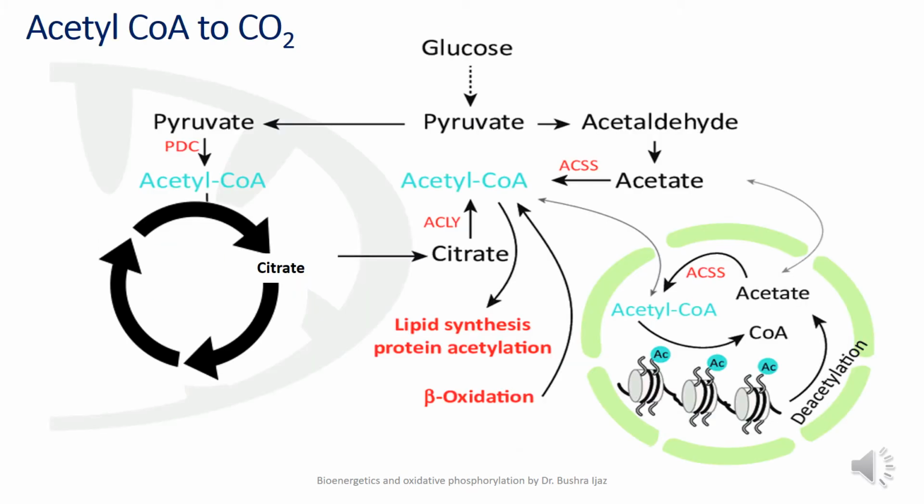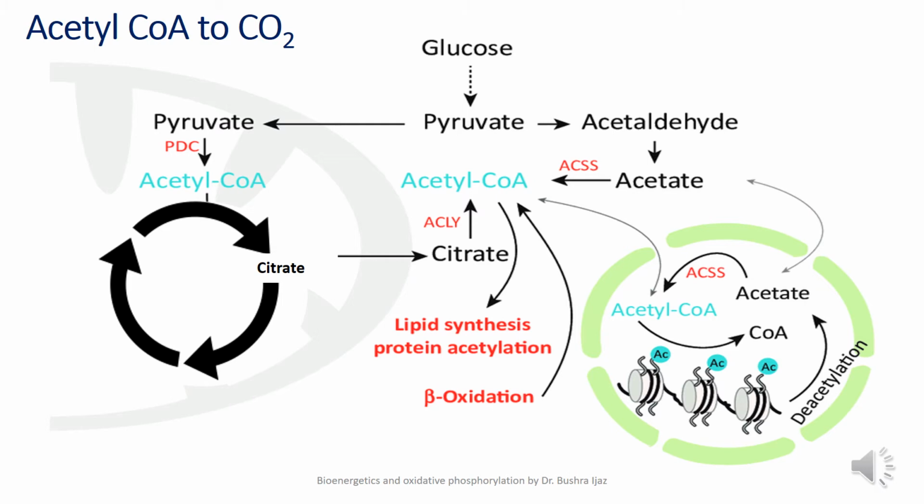In this diagram, you can see that acetyl coenzyme A, when it is formed, is doing a lot inside the cell. Inside the mitochondria, pyruvate is converted to acetyl-CoA by the pyruvate dehydrogenase complex, or PDH, and the acetyl coenzyme A is further oxidized by the TCA cycle, with citrate synthase catalyzing the first step. In the cytosol, pyruvate can be converted to acetaldehyde by pyruvate decarboxylase, or PDC.